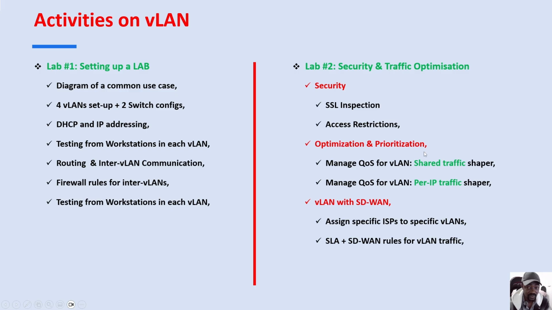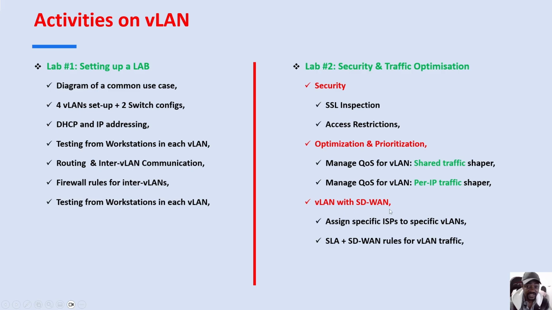prioritization of traffic. So here we'll talk about managing quality of service. We'll see how to shape or share traffic through the different traffic shapers that are available on FortiGate. So we'll do this second part, optimization and traffic prioritization, and we'll do the third part, which is VLAN and SD-WAN.